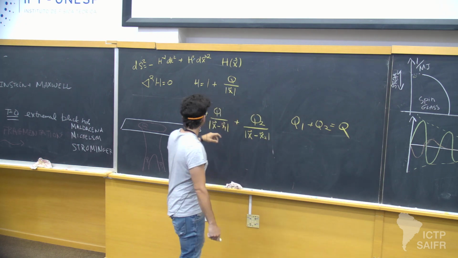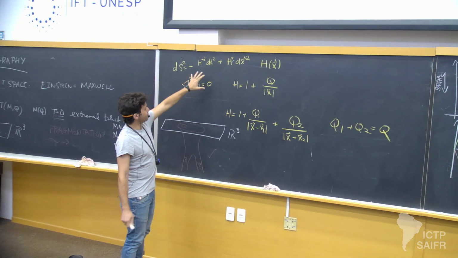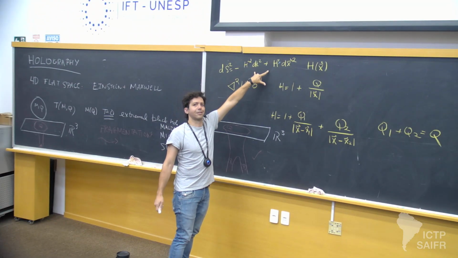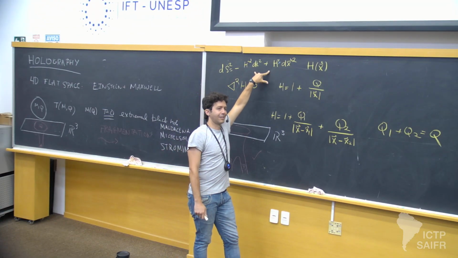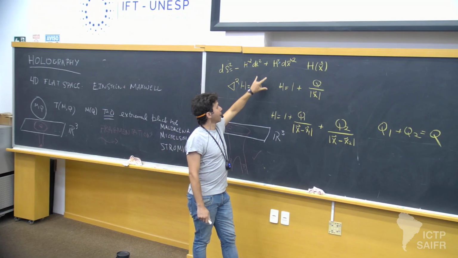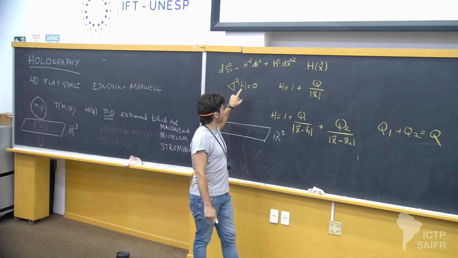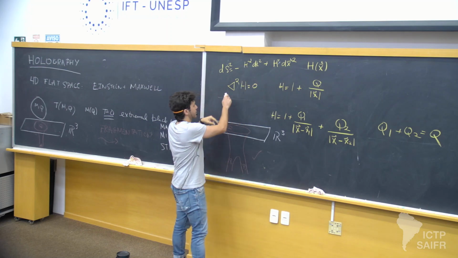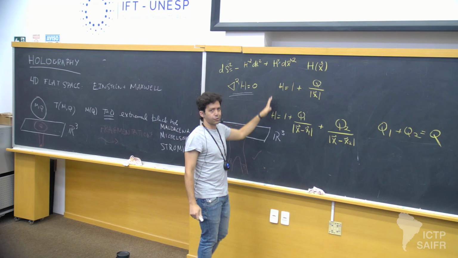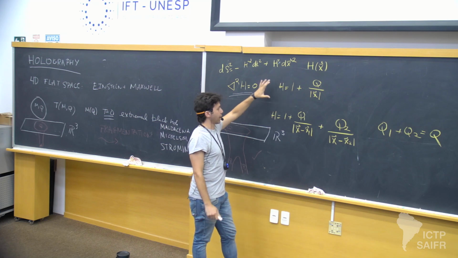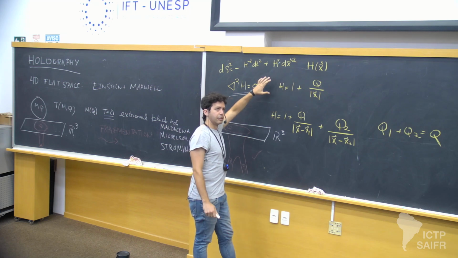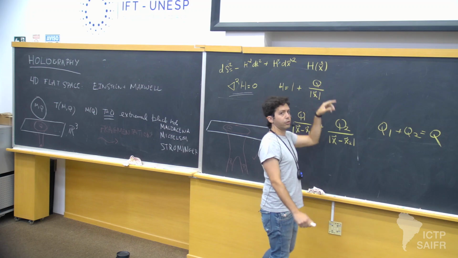Plug this into Einstein's equations and Maxwell's equations, and you'll see that the only thing you need to satisfy is this. These are just equal solutions, and they have the same total charge if Q1 plus Q2 is equal to Q.